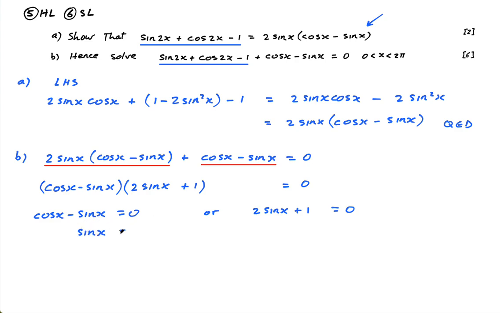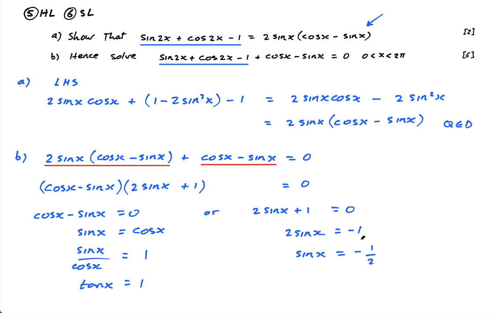I'll say sine x equals cos x, divide by cos x, sine x over cos x equals 1, and then tan x equals 1 because sine over cos is tan. So that's my first equation. And now I have 2 sine x equals -1, sine x equals -1 over 2.